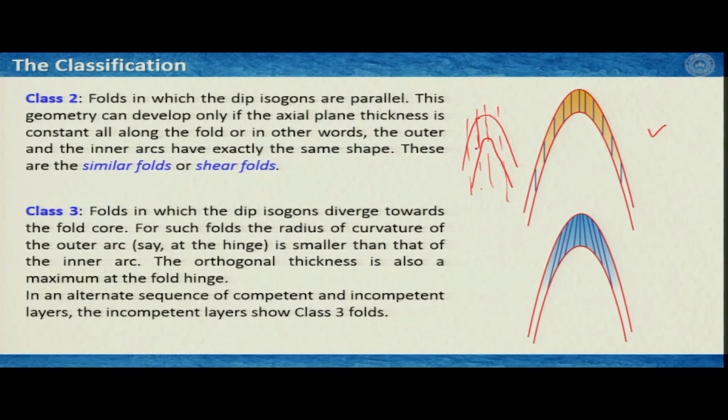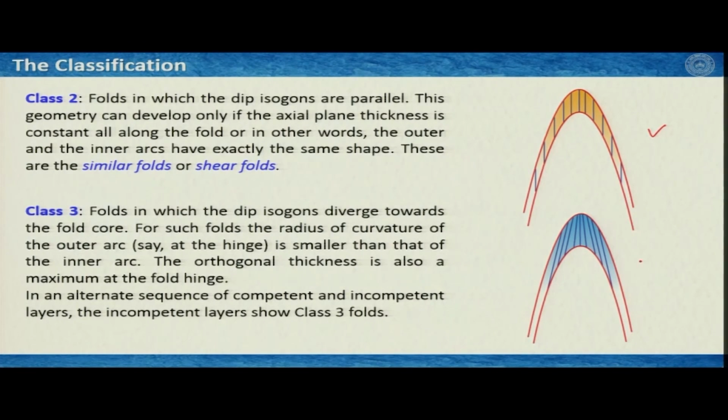If I consider this height, this height, this height and so on, and these lengths are equal, then this fold is known as a class 2 fold. These are also known as similar folds because the outer arc and inner arc are geometrically very similar.